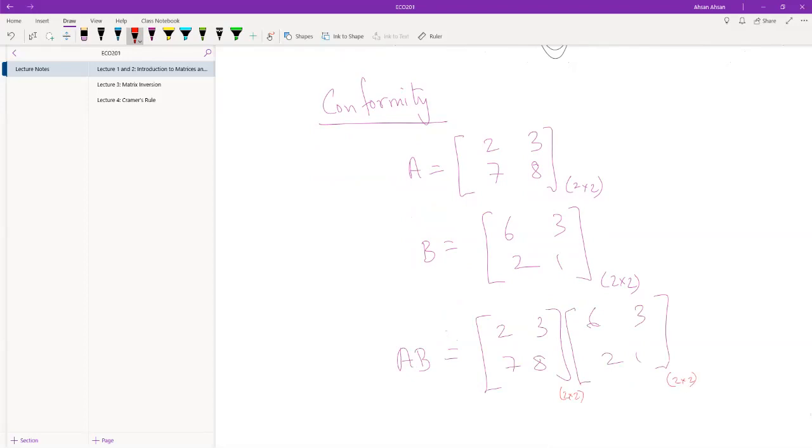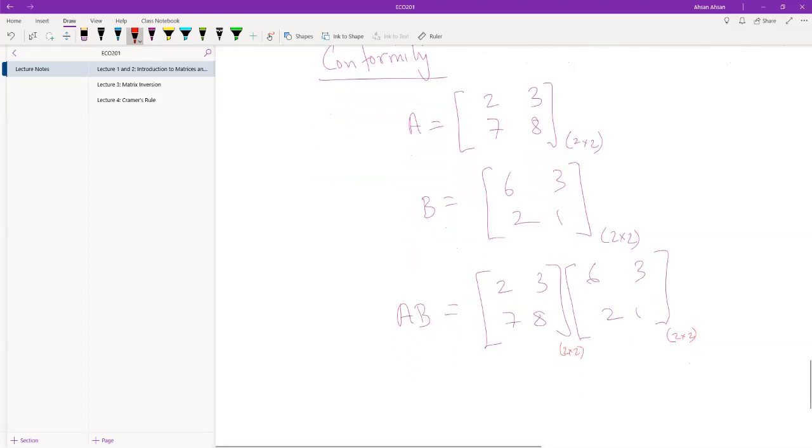This is a 2 by 2 matrix. So what I mean by matrix conformity is that the column of the first matrix and the row of the second matrix must be equal. If they are not equal, we cannot multiply.